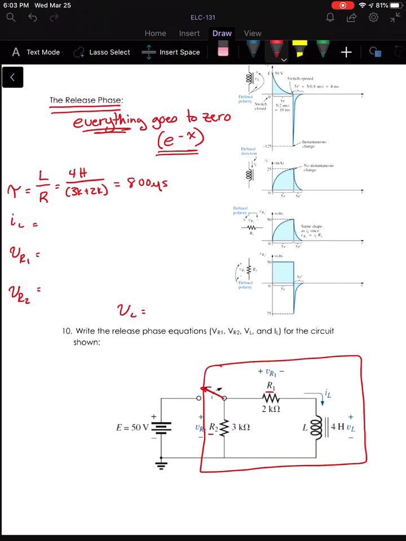All of these quantities are going to go from a maximum to 0, so e to the minus t over tau, and tau is 800 microseconds. So I'm just going to go ahead and plug all that in. And then we're going to figure out what those maximums are, because that's what we're going to put in front of this in our equations, is what that maximum would be.